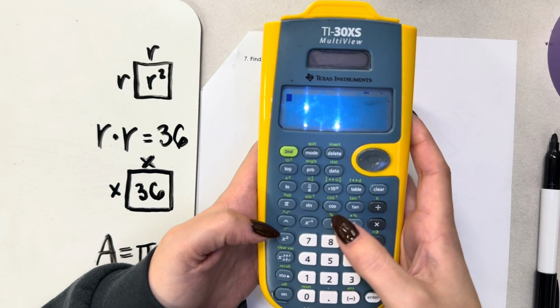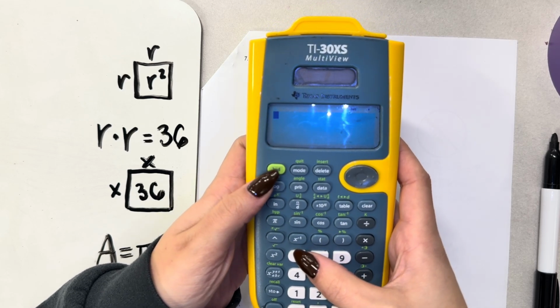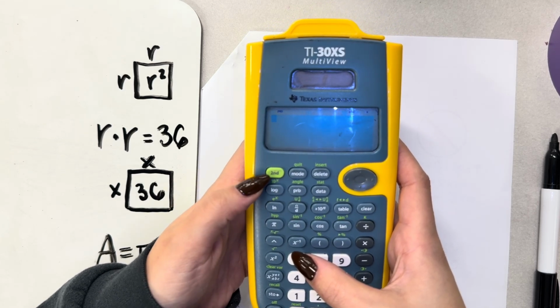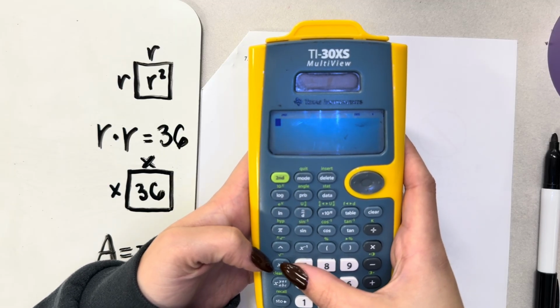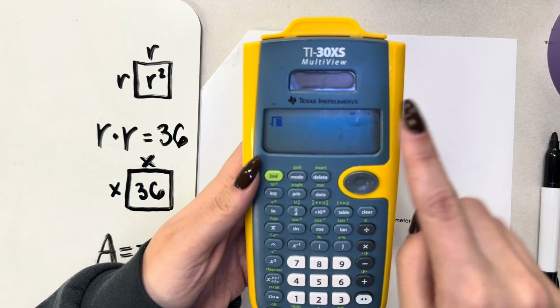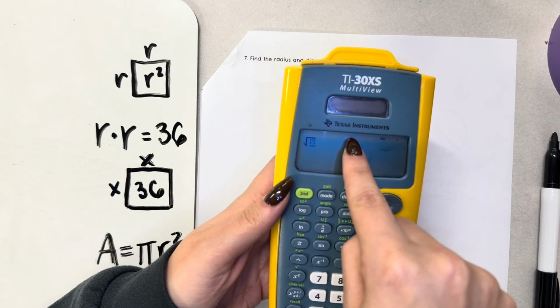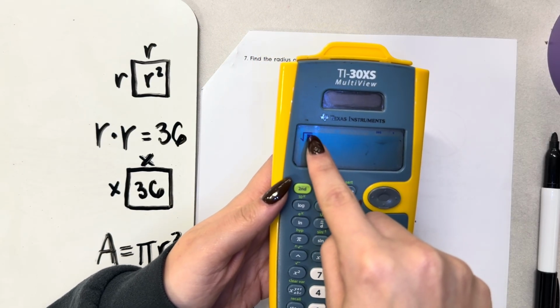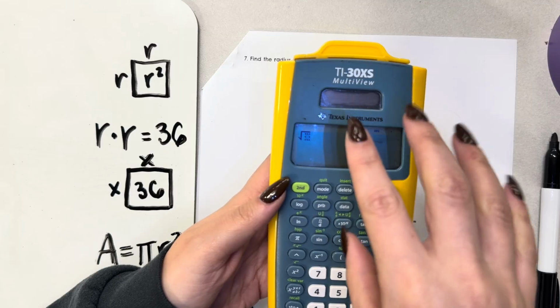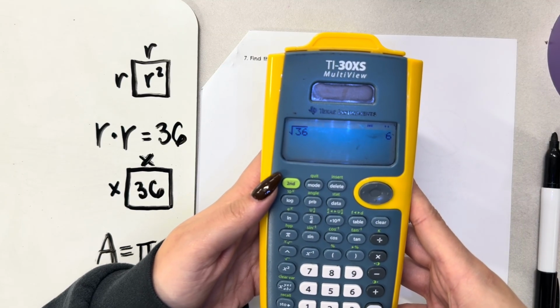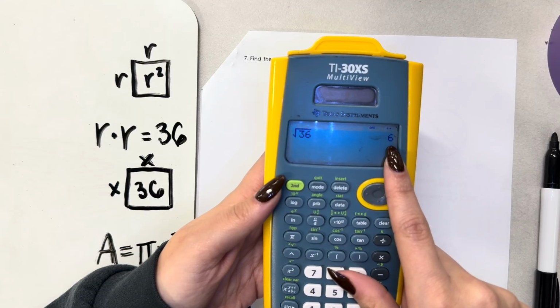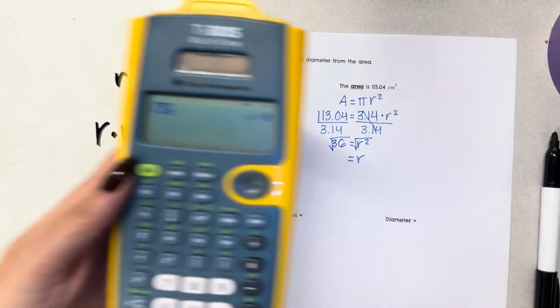To get to it, you're going to do second, and then click on the x squared button. And you're going to see this square root. You got this square underneath it blinking. Now I'm going to put in 36 and click enter. I get the square root of 36 is 6.